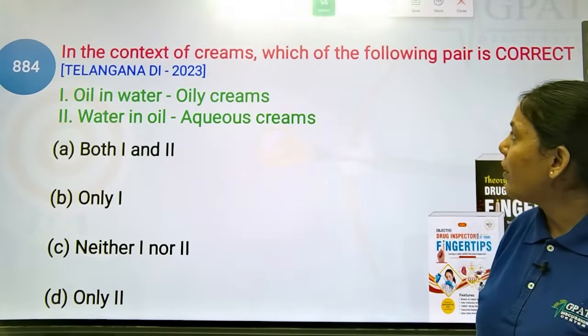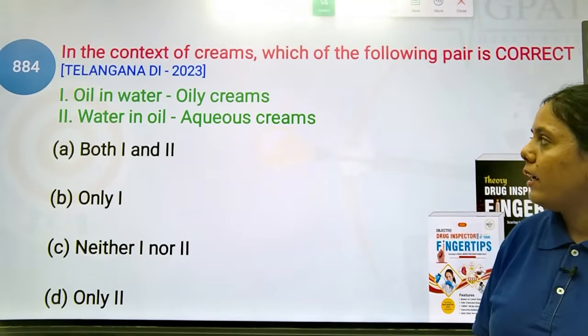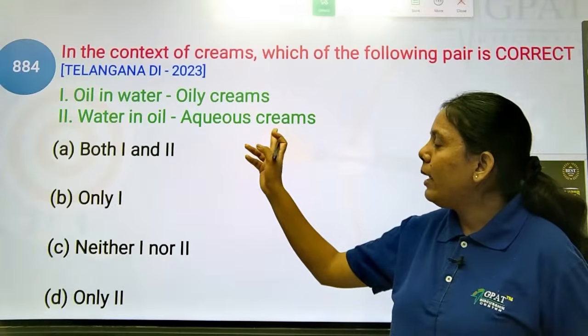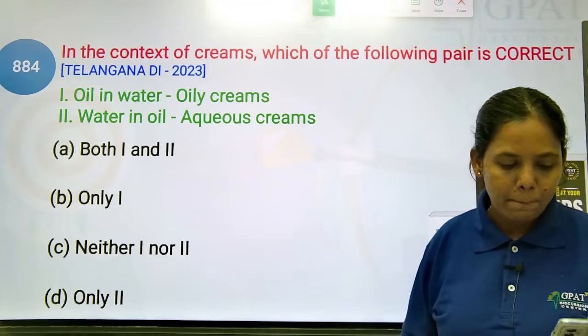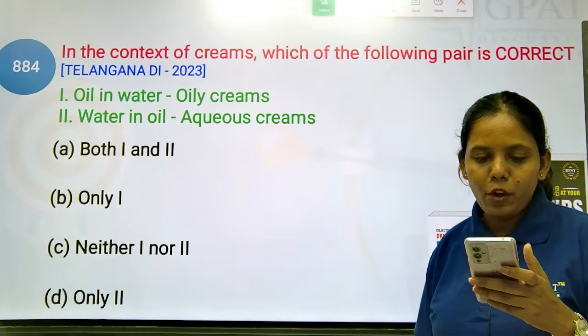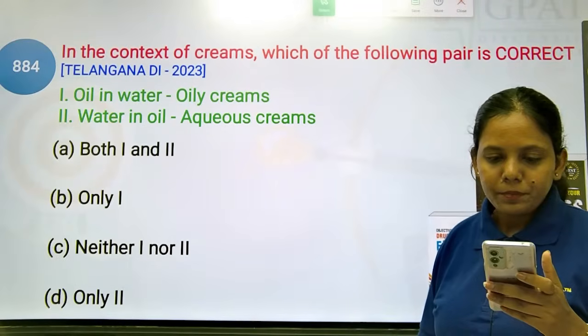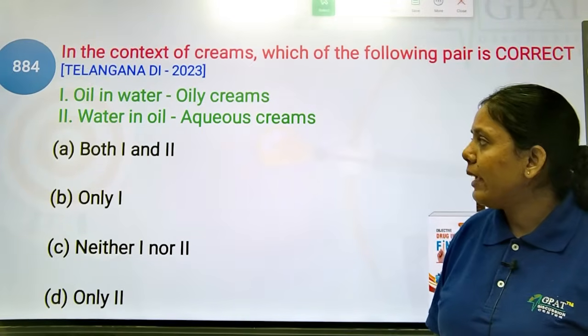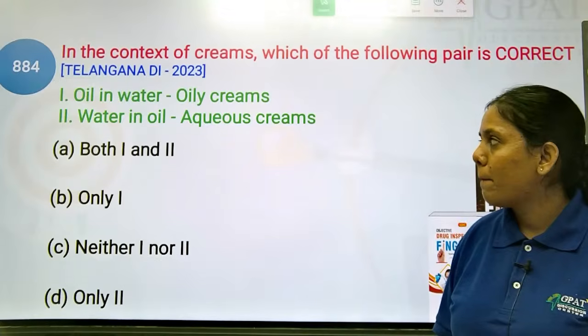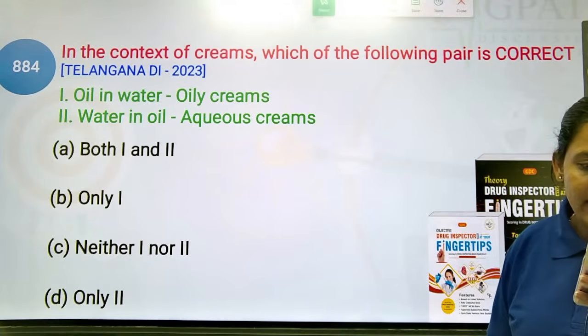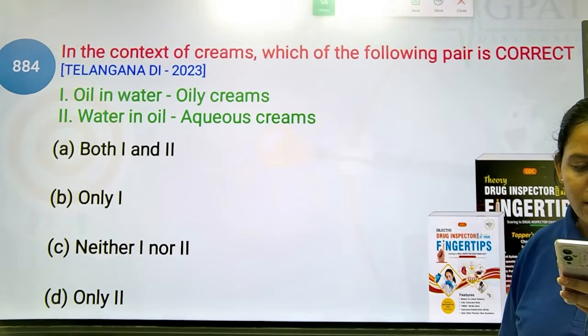In the context of creams, which of the following pairs is correct? Oil in water, oily cream; water in oil, aqueous cream. I want to know this from your side. Oil in water, oily cream; water in oil, aqueous cream. So they have given entirely the opposite, right?